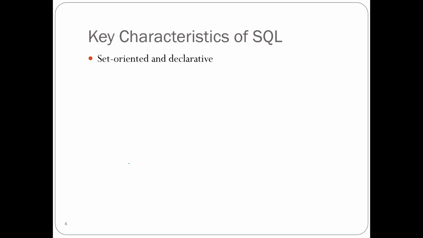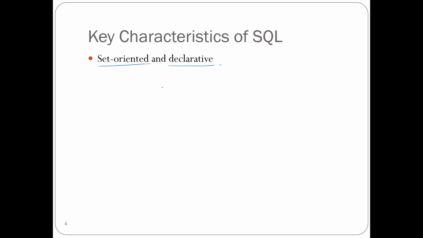One thing which is very important about SQL is its nature. It is set oriented and it is declarative. If you remember the discussion that we had in the previous chapters, we looked at set oriented DML, and we also learned about record oriented DML.